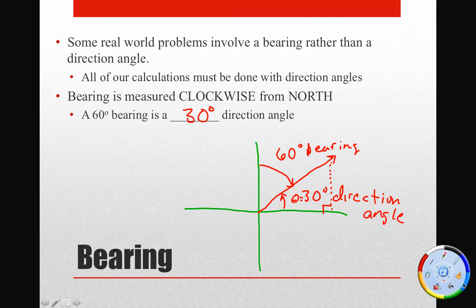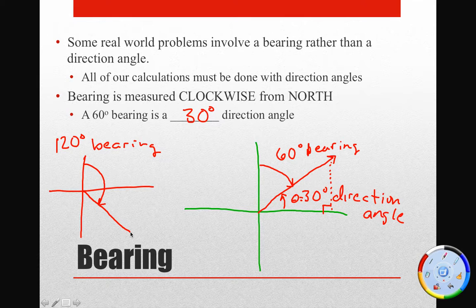Things get a little bit more challenging. I didn't write this one as an example here, but if I had a 120-degree bearing, 120 degrees is all the way over here. So here's 90 and another 30, but because it's going below the x-axis, this would be a negative 30-degree direction angle.